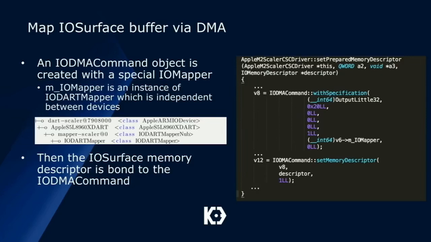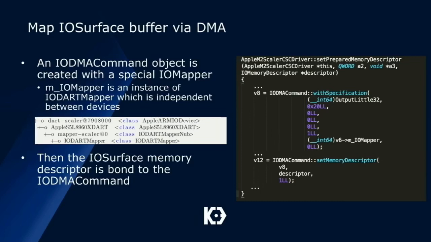This is actually done by the function setMapPreparedMemoryDescriptor. In that function code, you can see that a kernel object called IODMACommand is created with a very special IOMapper. That mapper is an instance of the DART mapper, which is independent between devices to make sure that devices are separated in their IO space addresses, so that one cannot interfere with another.